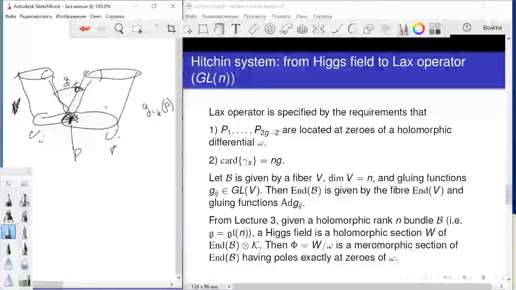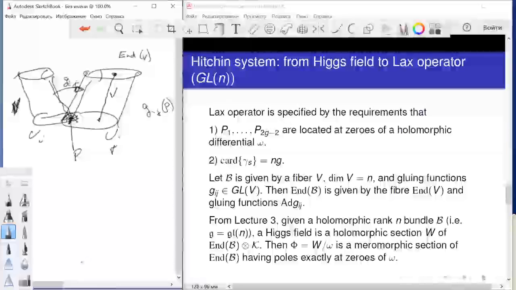let's do the following. Take a fiber V over some point and consider the space of endomorphisms of this fiber.